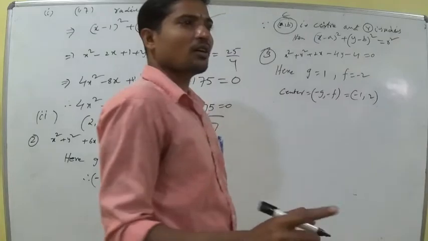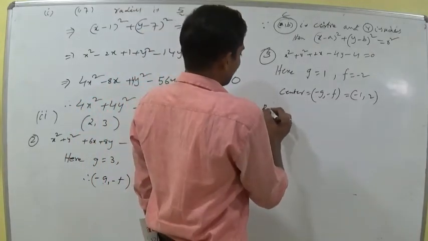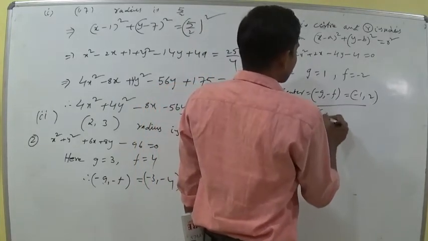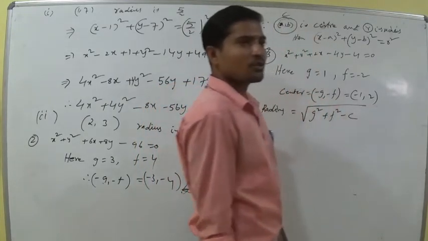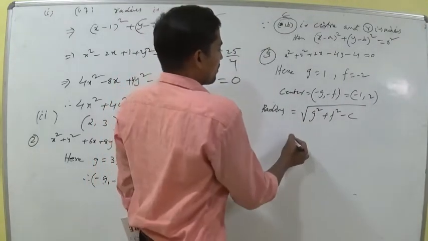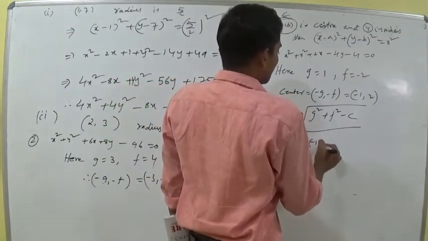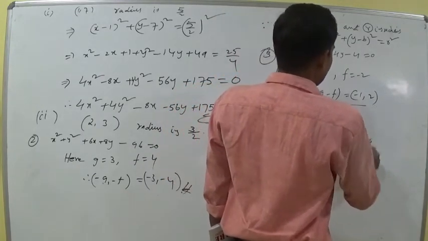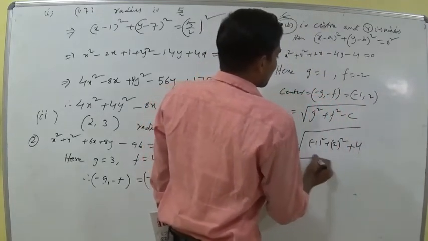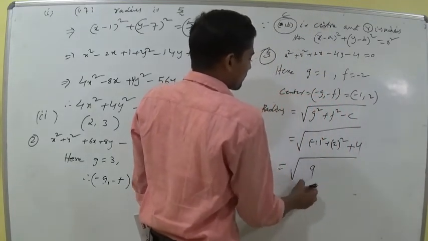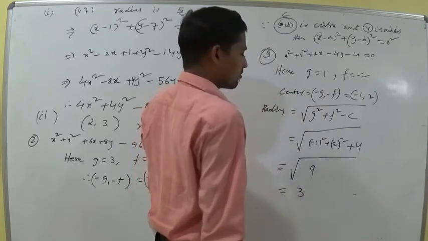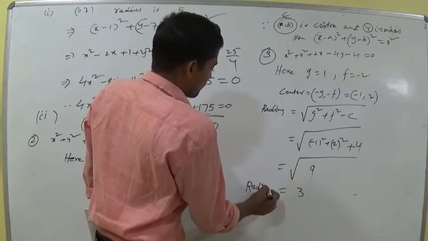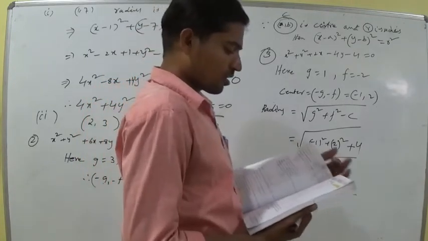So radius is equal to square root of g square plus f square minus c. So square root of (minus 1) whole square plus (2) whole square minus of minus 4, which is equal to square root of 9, which is equal to 3. Radius is 3. Right? Next one.